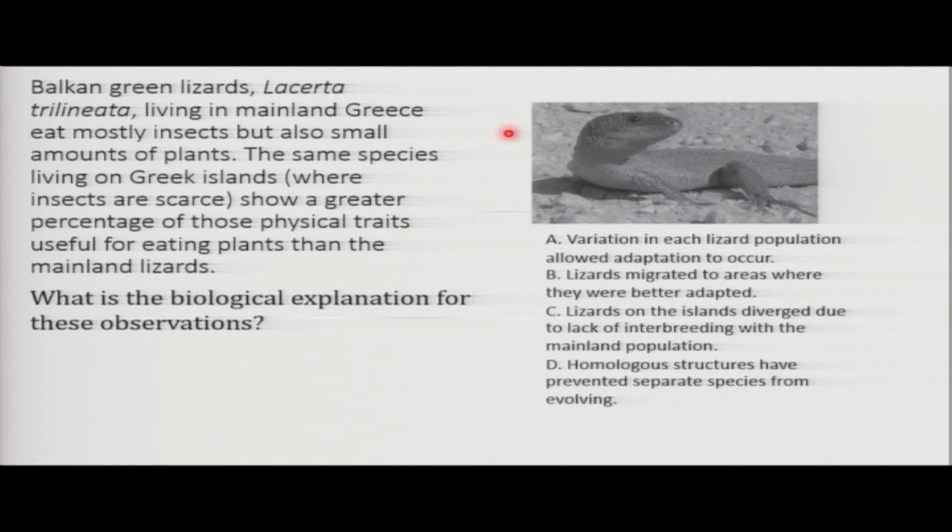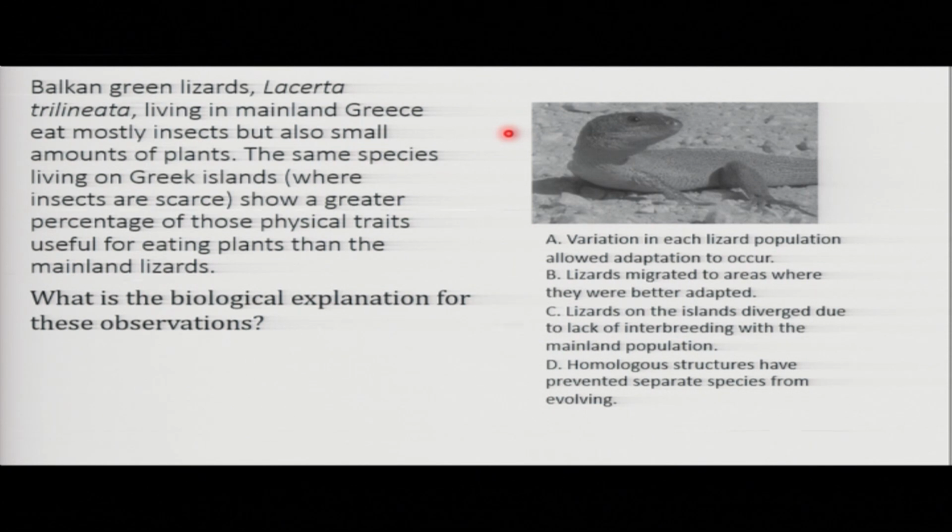Okay, so away from the mainland, somewhere there on an island, isolated, plants most, and then mainland, insects a lot. C, that lizards on the islands, isolated, the other ones that do eat plants, diverged due to lack of interbreeding with mainland population.